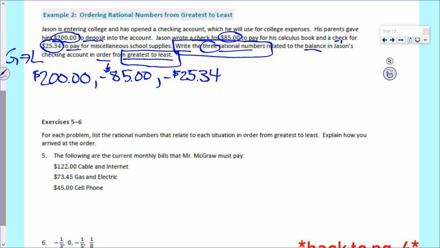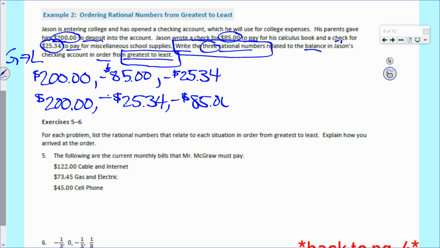I'm going greatest to least. So what of those numbers is the biggest? 200. Next one would be negative 25.34. And finally, negative 85. Everybody good with our list? Yes, that is the correct order.